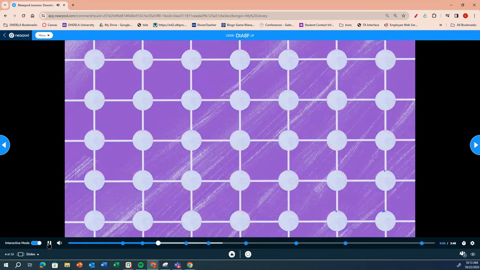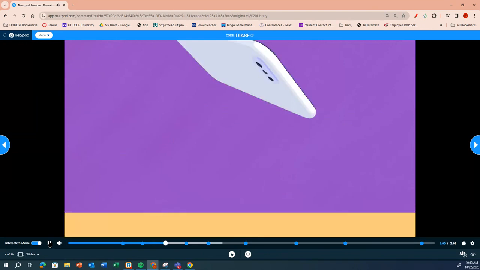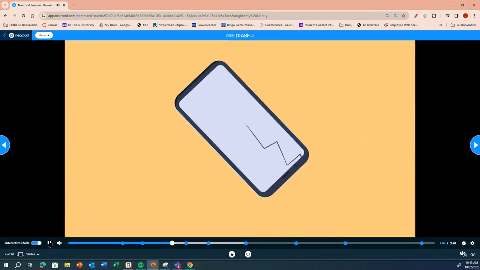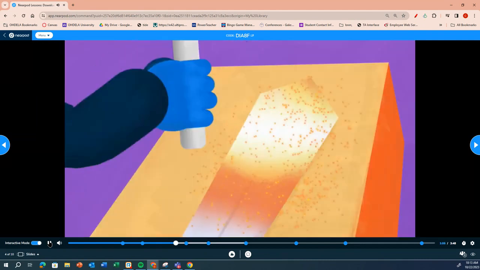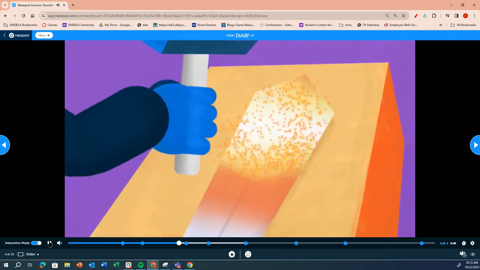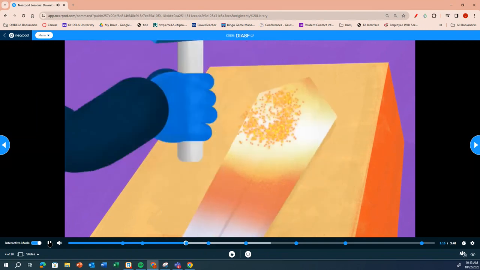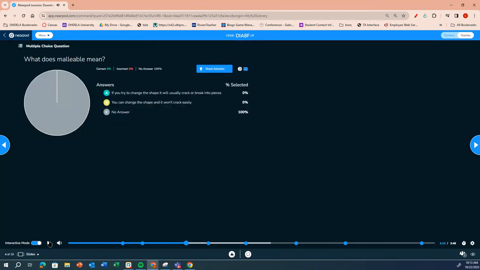Metals form strong crystalline structures, which contributes to durability. If you accidentally dropped your phone, the metal shell wouldn't break, but you may have to live with a cracked screen. Unlike glass, metals are malleable, which means they can be hammered or pressed permanently out of shape without breaking or cracking. So malleable, you can change the shape and they won't crack.